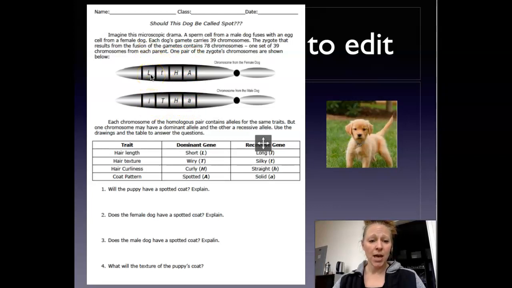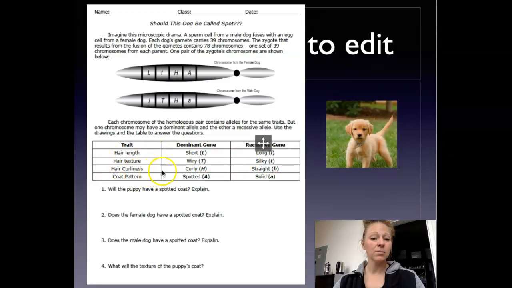Hair length is going to be represented by L. The dominant is a short hair length, capital L, and the recessive gene is long hair, which is represented by a little l. Hair texture, the dominant allele is going to be big T for wiry hair, and silky is going to be the recessive allele, represented by a little t.